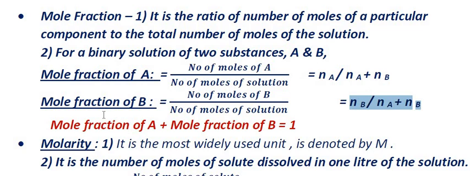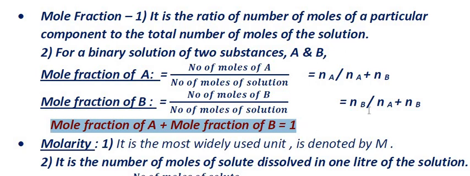Now one thing you have to keep in mind is that mole fraction of A plus mole fraction of B is equal to 1. When you sum up the mole fraction of both, it will be equal to 1. So if in a numerical question they have asked you to calculate mole fraction of both the components, you have to calculate just one, and the second one could be calculated by subtracting it from 1.